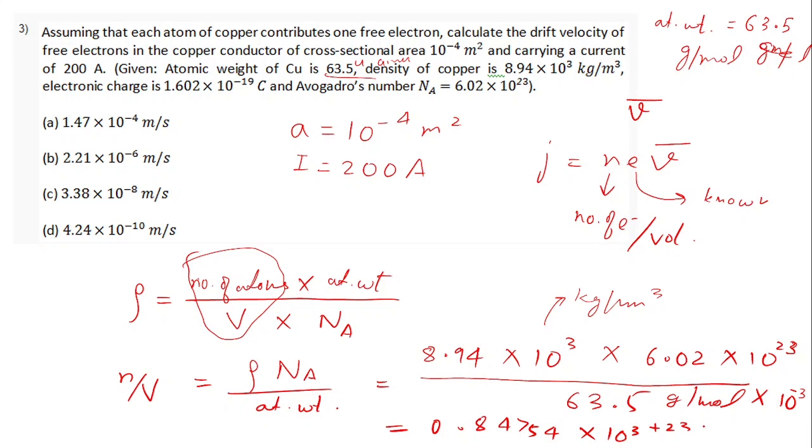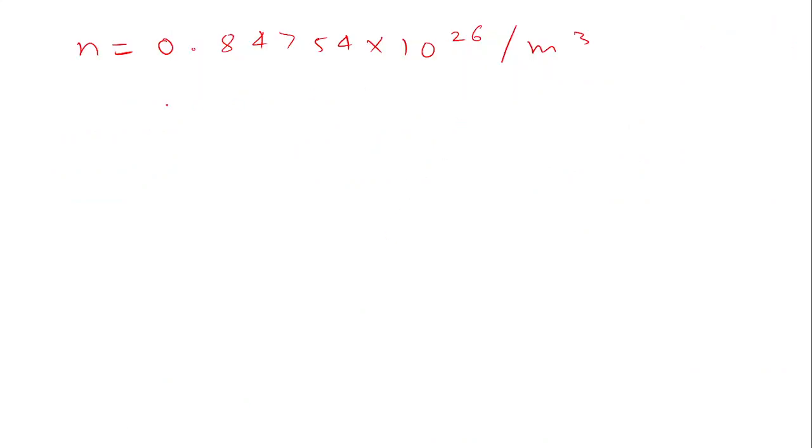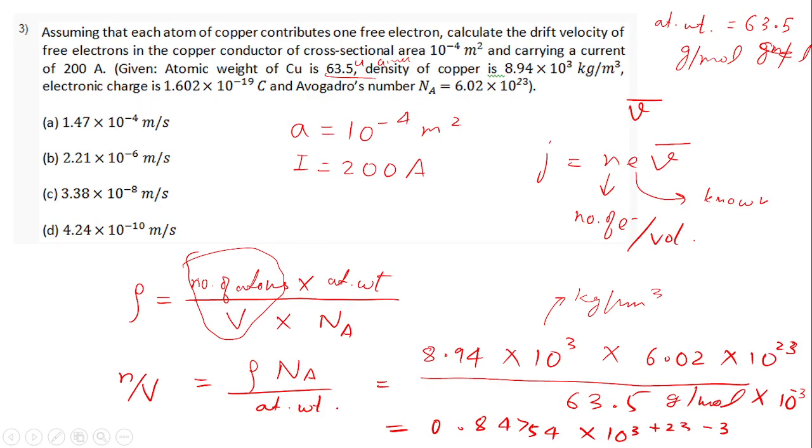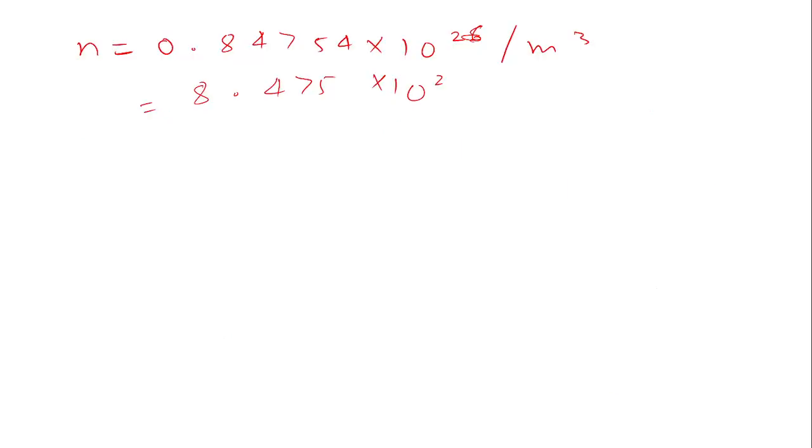Okay, and when I do that, 63.5 gram per mole, 10 to the power minus 3. The final answer will be, after the adjustment, 8.475 10 to the power 20, because this will become minus 3.